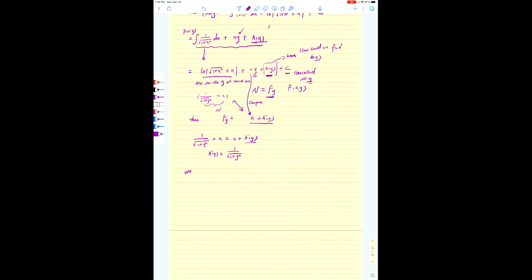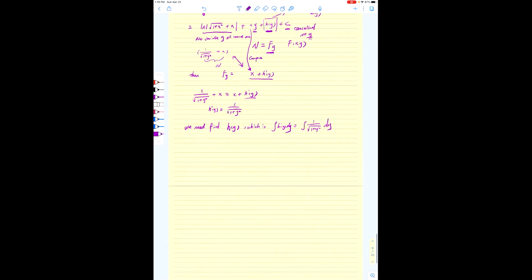Then we need to find h(y), which is this, right? We do the integration. Ooh, it's a long journey. Then we have h(y) equal to this. Does this look similar?